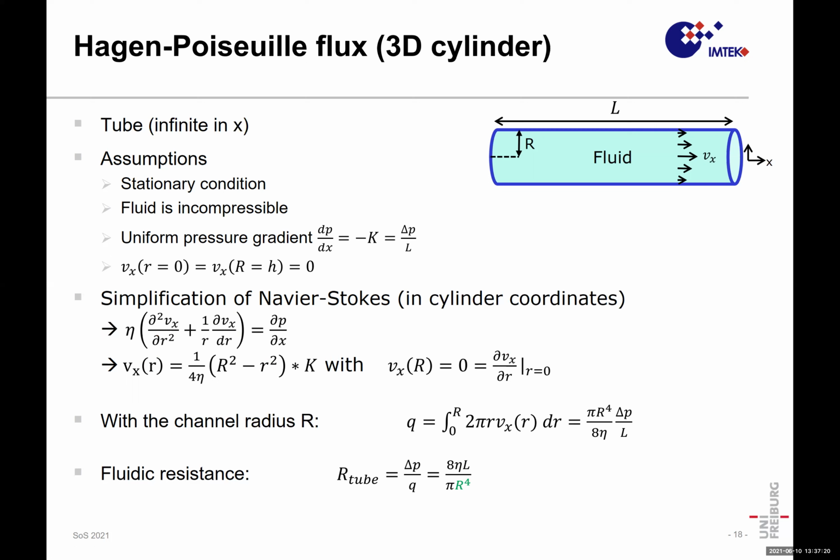So before we had the height to the third, now the radius to the fourth. Of course, we have a more dense system and a more sensitive parameter with radius compared to the height. And you see already that tubes or holes, finally a hole is also a short tube, then the radius is very, very sensitive to its resistance.